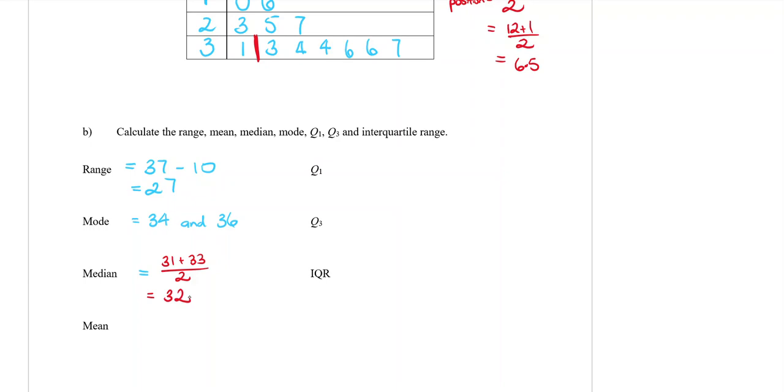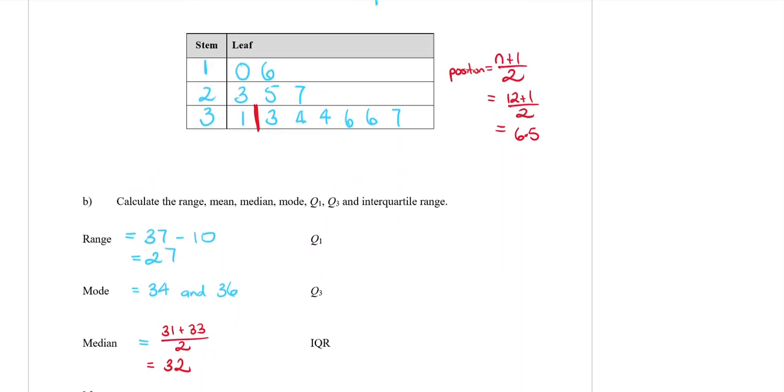Okay, how do we find our mean? What is the definition of a mean? Yes? The average. How do you find an average? Yeah. So this is a bit of a pain. Everybody get their calculators because you have to add all of those scores together.